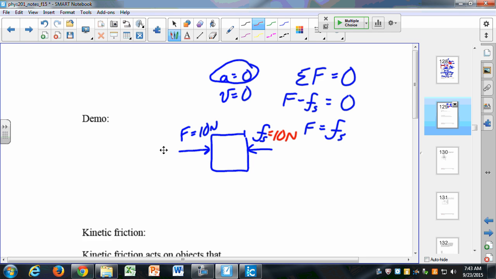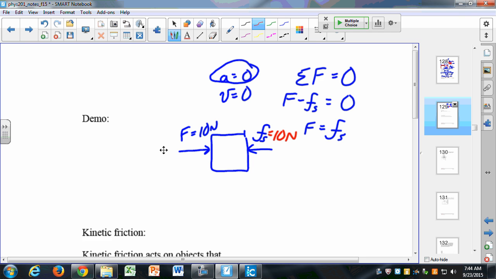So imagine that this is that piece of furniture. I can push on it with 1 newton. That means that the static frictional force is what? 1 newton. I can push on it with 2 newtons, so the static frictional force is what? 2. And I can push with 3, so the static friction will be 3, and on and on, until I get to that maximum frictional force that this thing can withstand. And once I reach that maximum, then it's going to start moving.